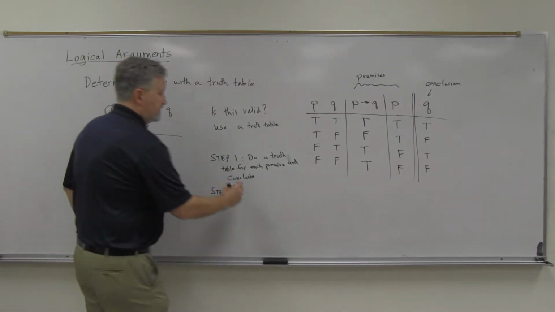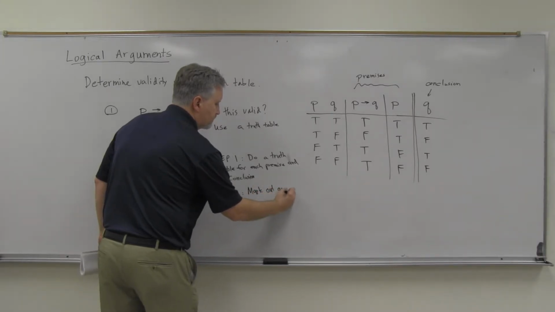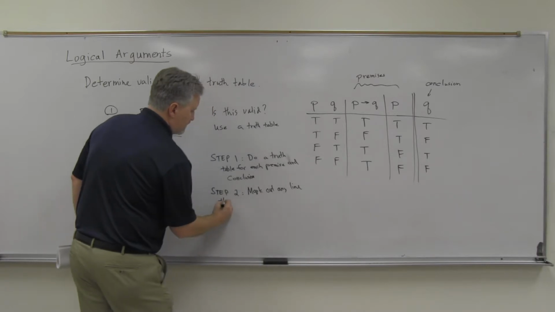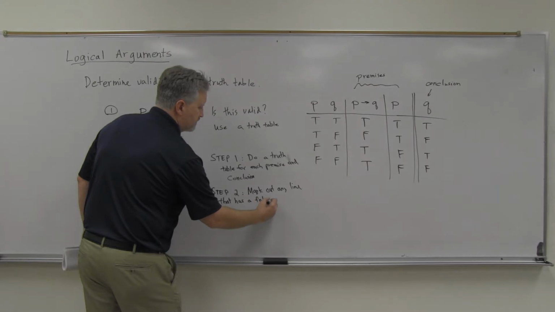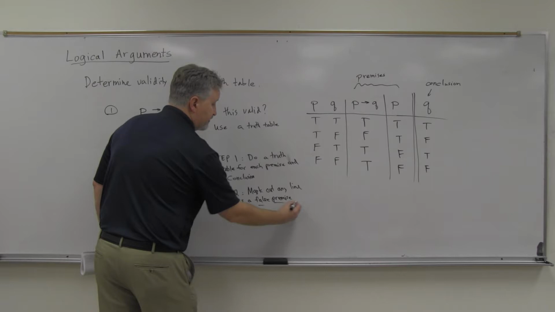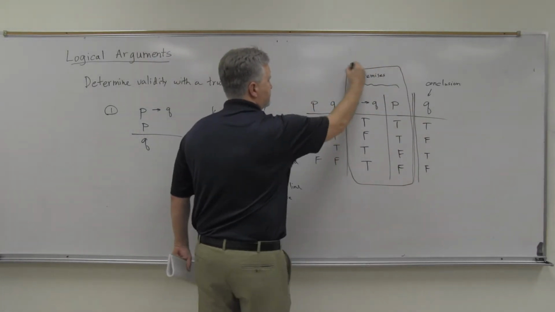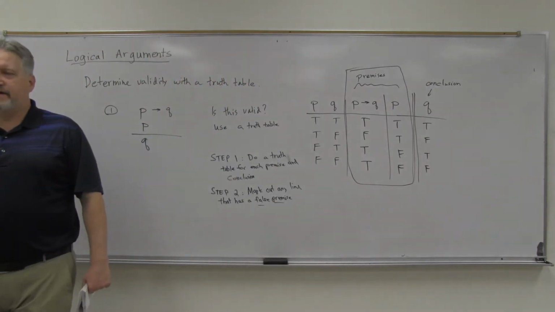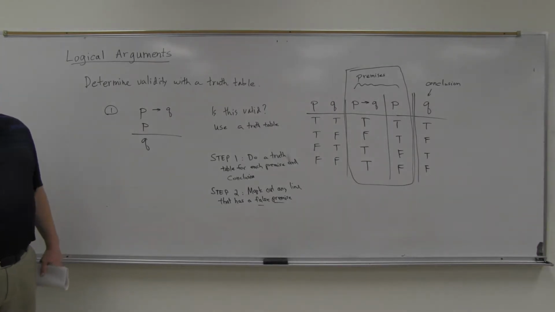So step 2 is mark out any line that has a false premise. Where are my premises? They're these 2 columns right here. So any line there that has a false premise, I'm going to mark it out. And in this case, we're going to mark out quite a few of them, aren't we?